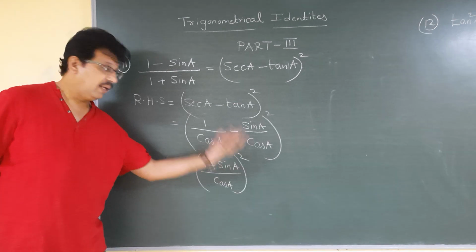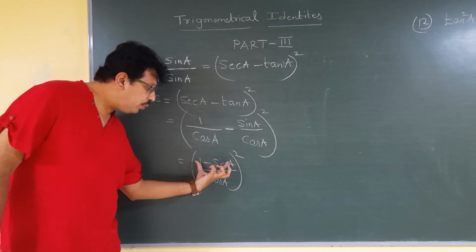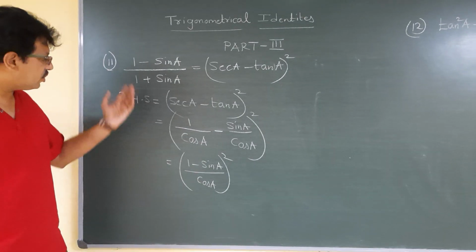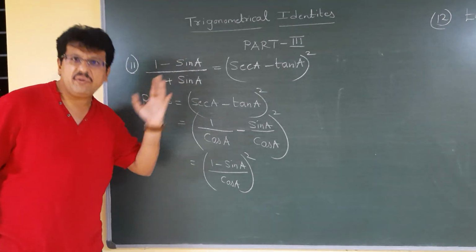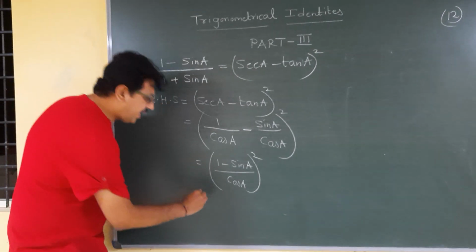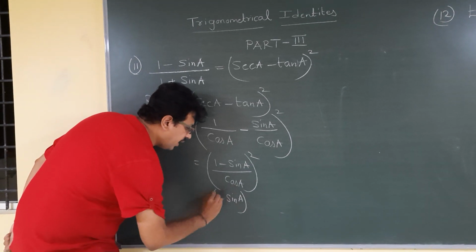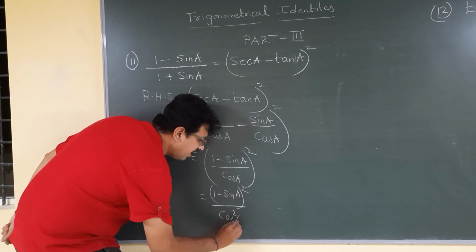You should write that. And now let me use this square for both numerator and denominator separately. So you may be asking why? Because you have to observe again the left hand side here. (1 minus sin a) by (1 plus sin a), we have to do it. So what we should write here? (1 minus sin a) whole square divided by cos square a.